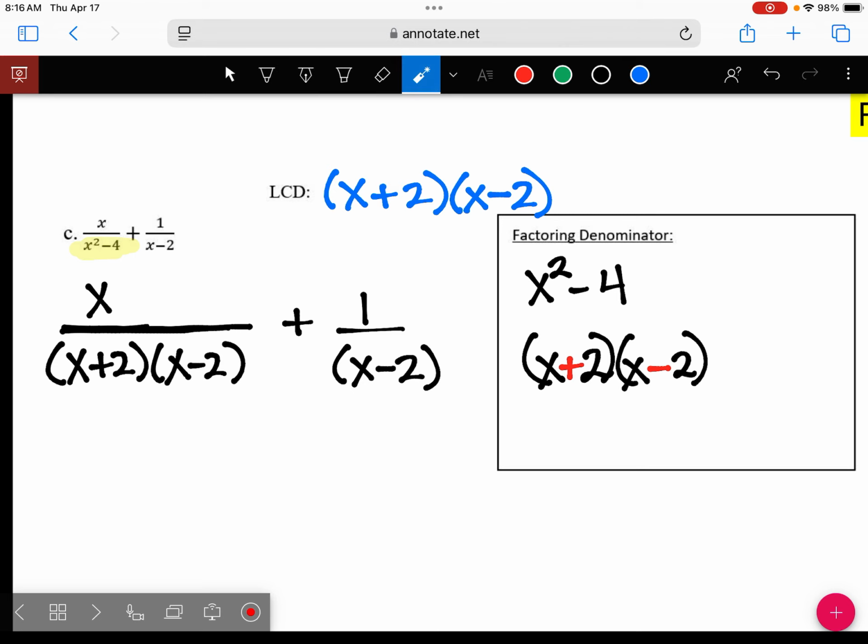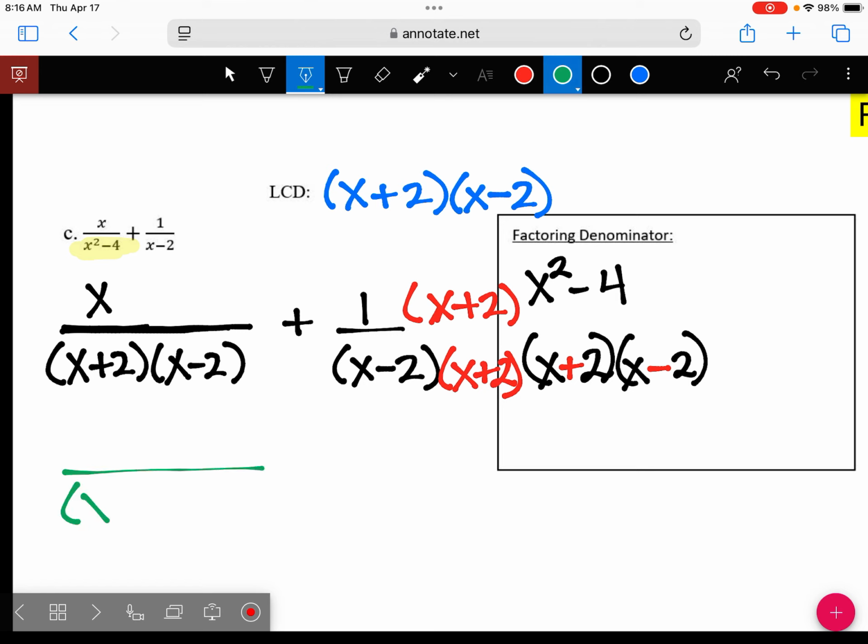So when we're looking here, notice that this fraction has 2. This one only has 1. What is this one missing that I have up here? X plus 2, good. So we're going to multiply this fraction by x plus 2. So we're going to make our fraction bar.